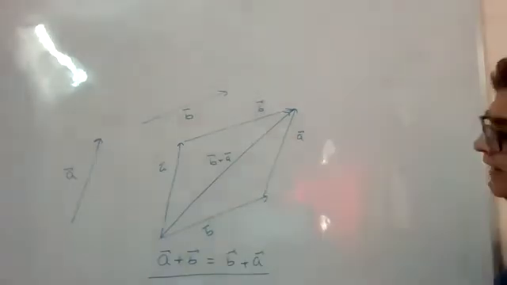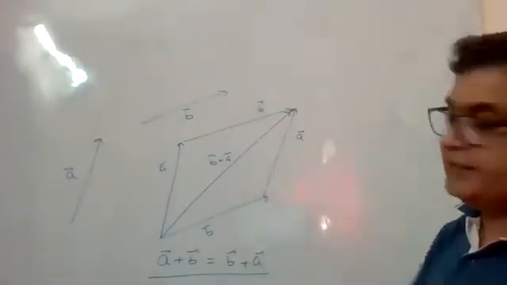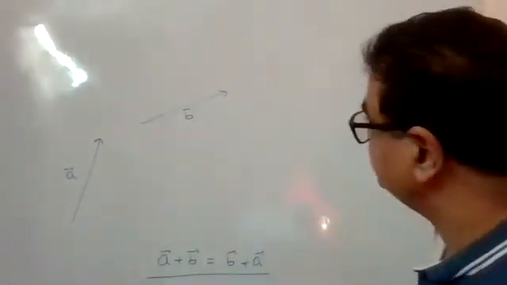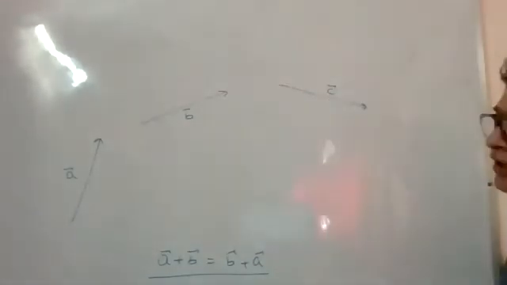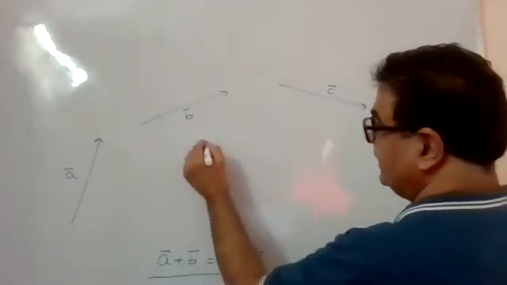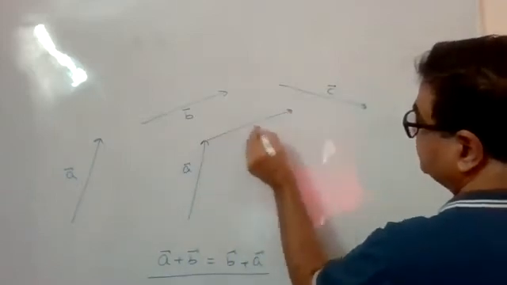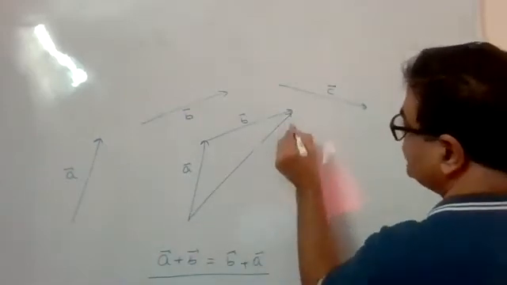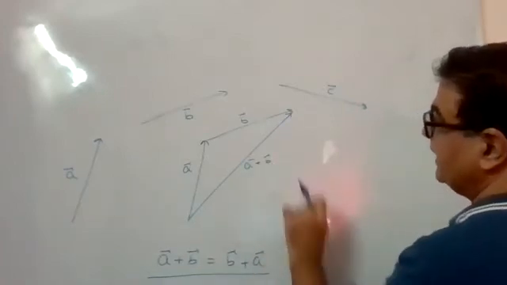Same way, if you take three vectors A, B and C, if you want to solve, then what do I do? First A plus B I'll calculate, and in that you take C. By the way, we have these three vectors, this is vector C we have, and I want A plus B plus C. So what I do here, first I take the vector A, then I take the vector B. This will be my triangle law, showing A plus B. Now in A plus B I want the C vector.